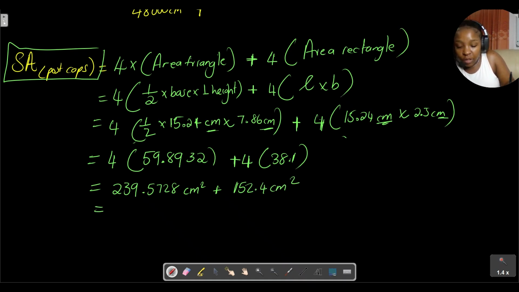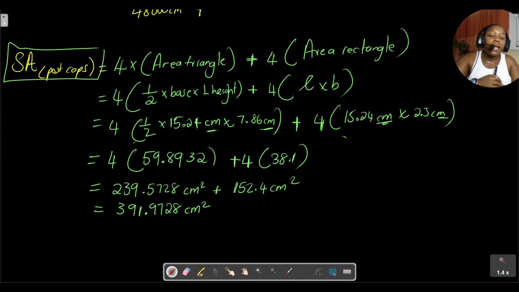If you punch these values together, 239.5728 plus 152.4 gives us 391.9728 centimeters squared. So this is just the surface area of one post.